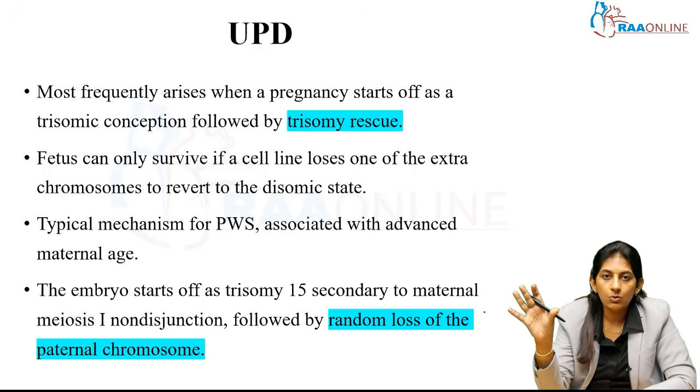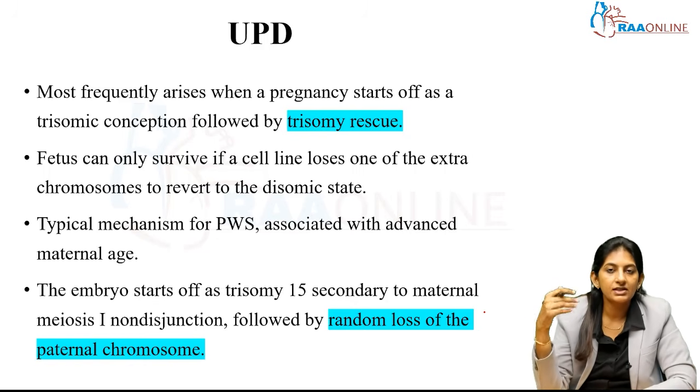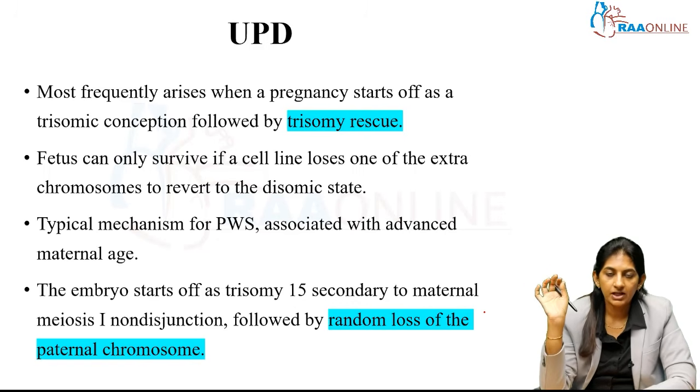So by mistake, it will delete the father's chromosome 15 or the mother's chromosome 15. So both will be from one parent. So that is how uniparental disomy will start. So it's a random loss of one particular chromosome. It is starting as trisomic cells. As a trisomy rescue, this one particular parent's chromosome 15 will be lost.